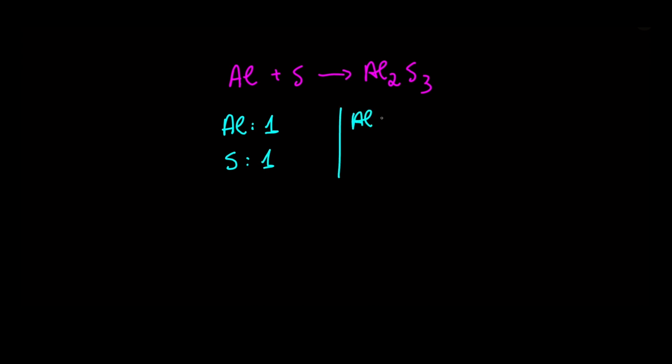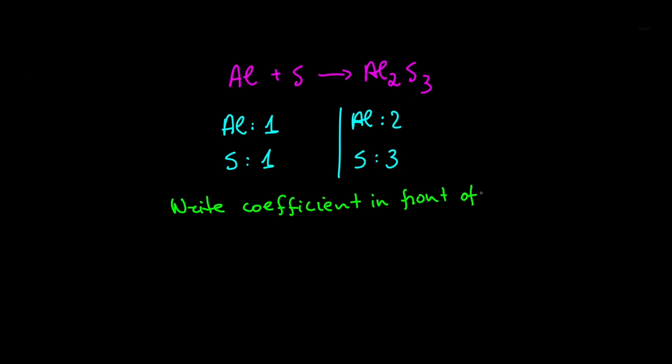When aluminum reacts with sulfur, we get aluminum sulfide. Once again, first let's look at how many atoms we have before and after the reaction. For aluminum, it's 1 and 2, and for sulfur, it's 1 and 3. To balance the equation, we need to use coefficients. You always want to write the coefficient in front of the element with the smallest number of atoms.